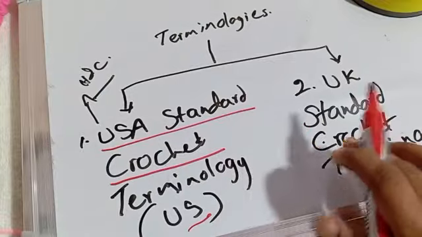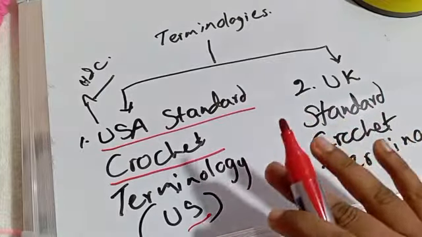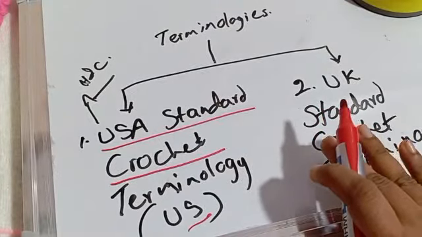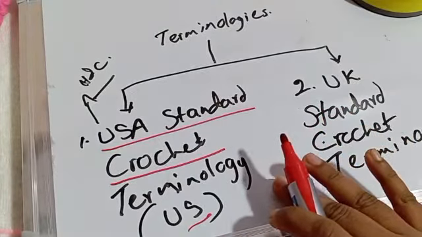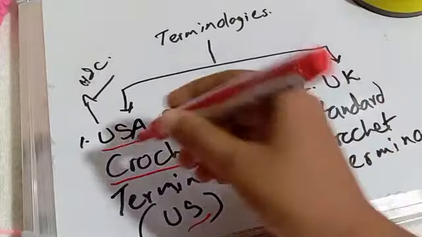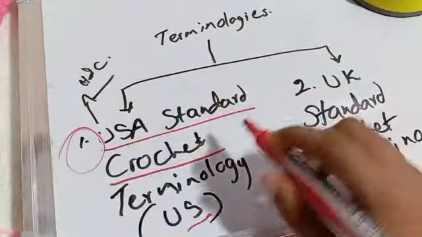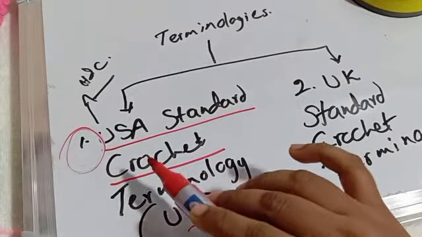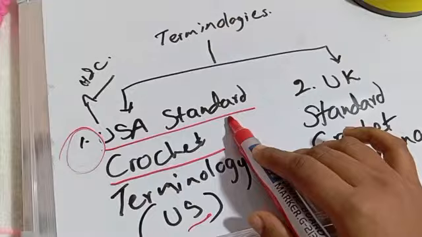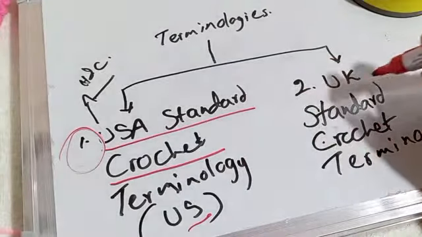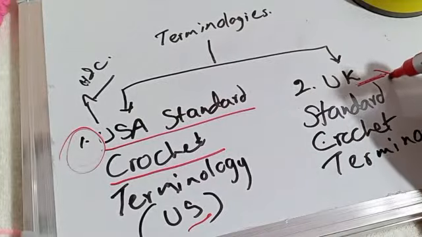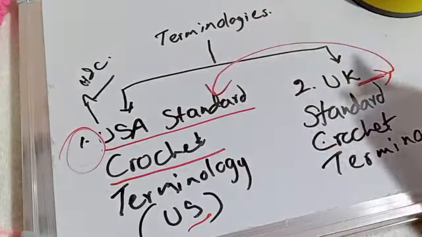If you can find the pattern in both terminologies, you have to select the familiar terminology, that means USA standard crochet terminology. If you can't find that pattern in USA standard crochet terminology, you have to convert these UK crochet terminologies into US standard crochet terminology.